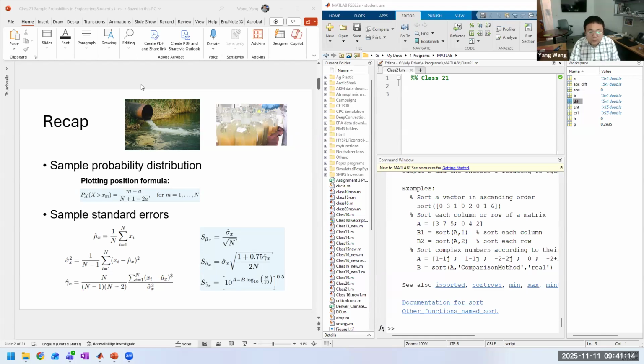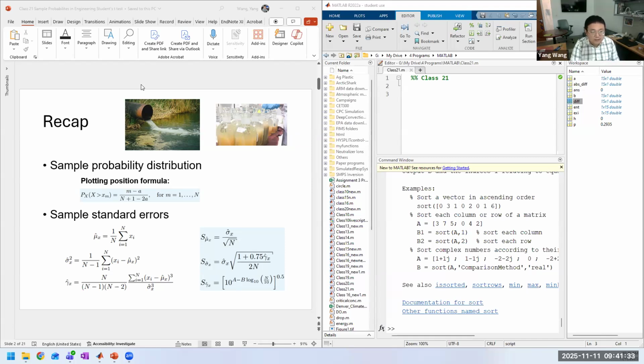We have the equations, but a lot of times we only have the samples. We do not have these equations to plot the distribution. And here, this plotting position formula can help us plot or calculate the probability distribution or the exceedance probability just based on the samples we have collected.